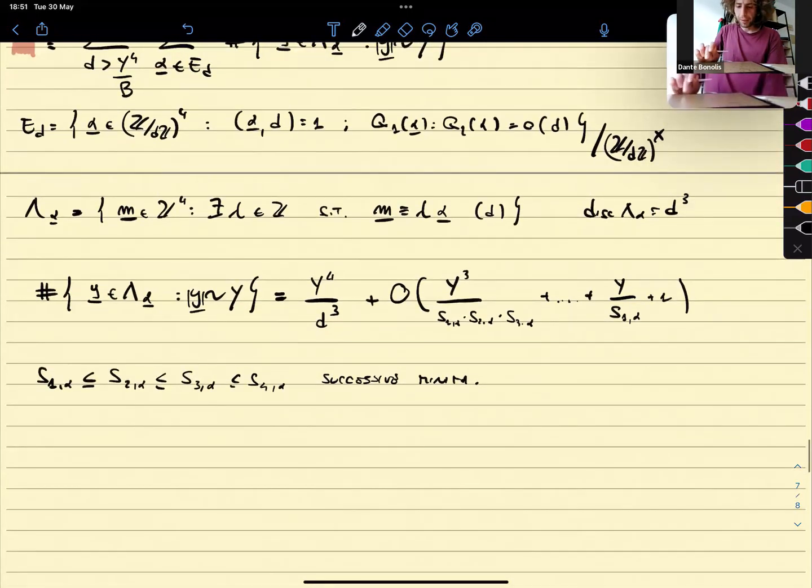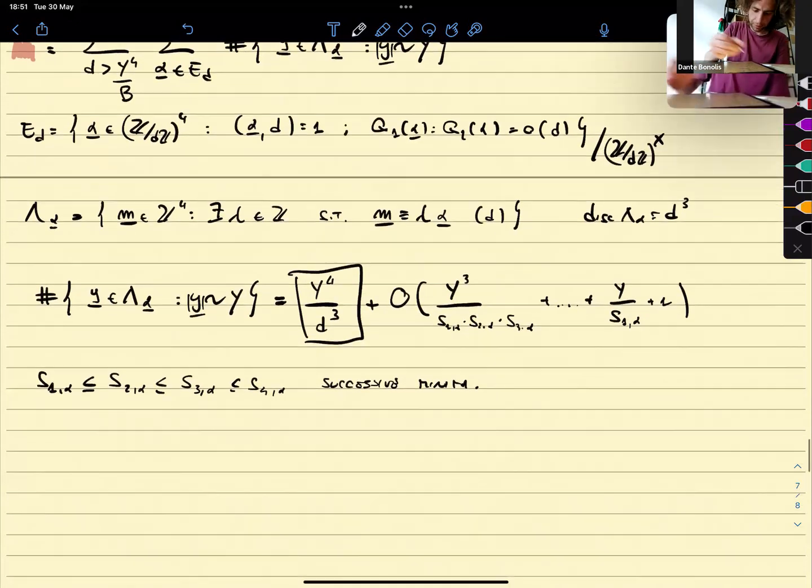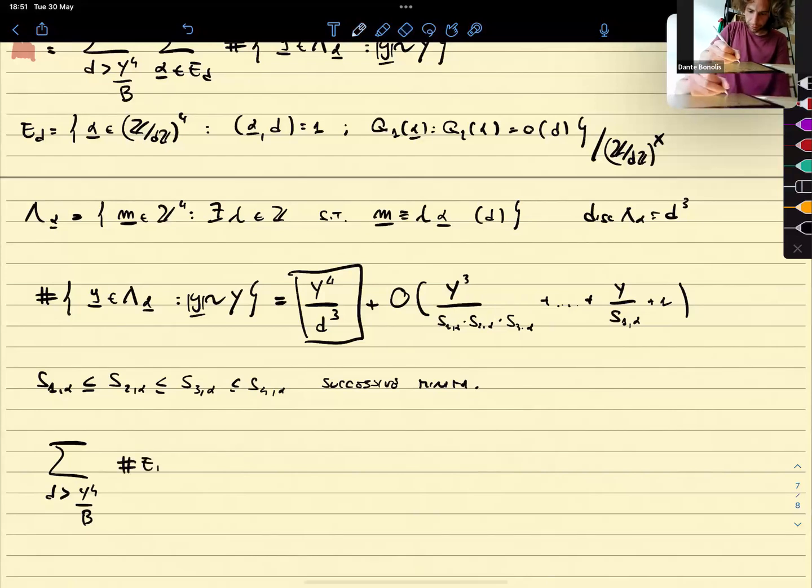Let's just consider the main term, and let's plug it here. You see that basically we are summing over d less than y to the power 4 over d, times the number of these AD, times y over d to the power 3.